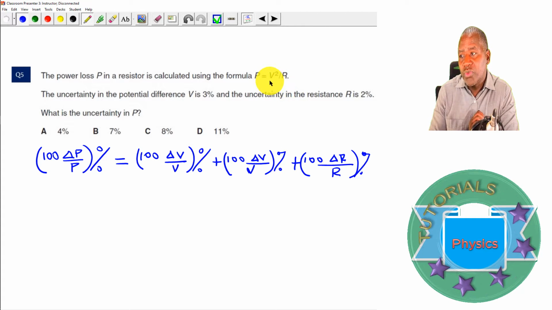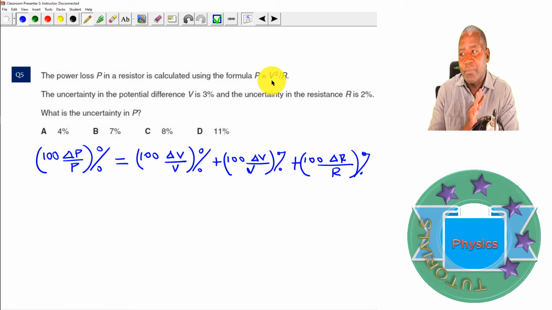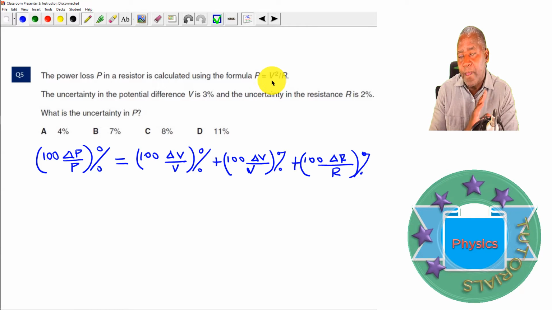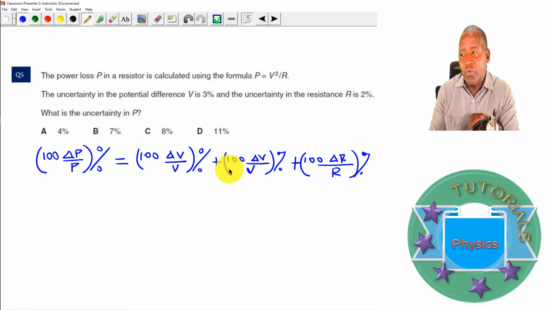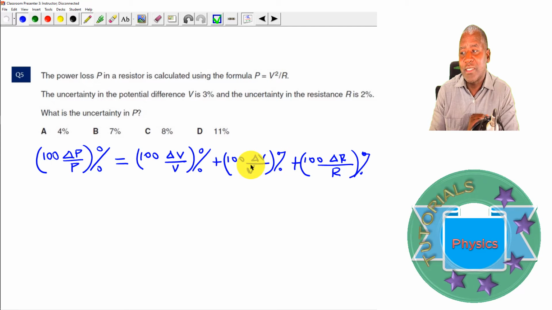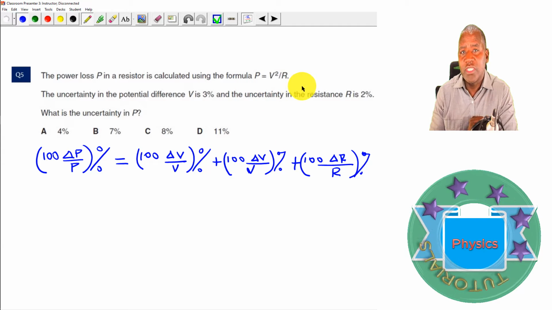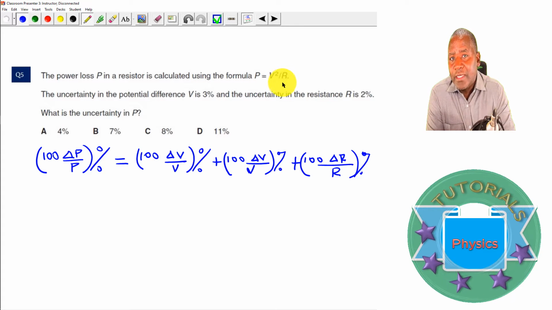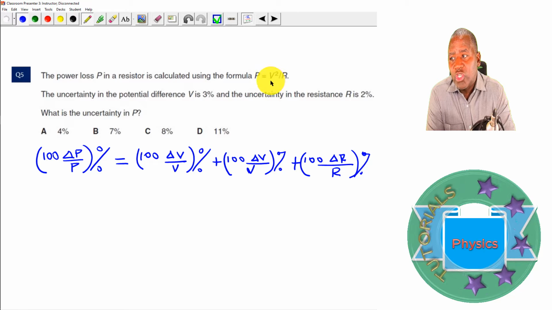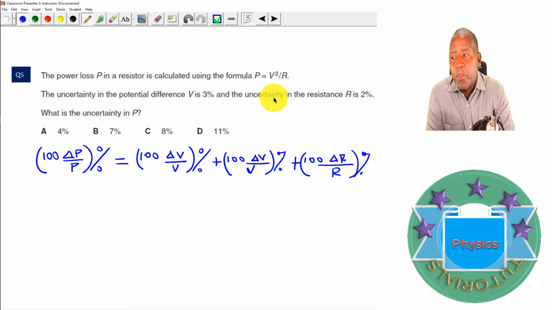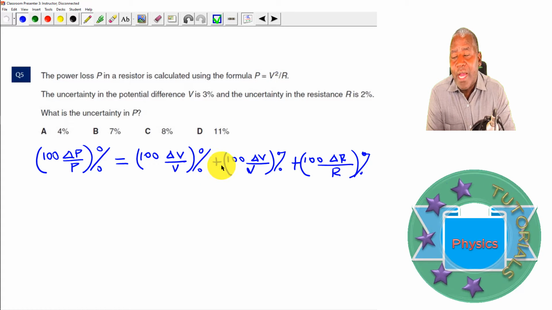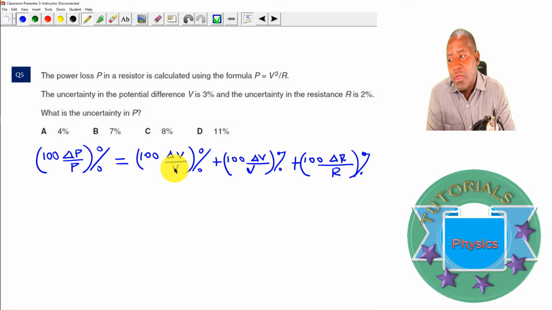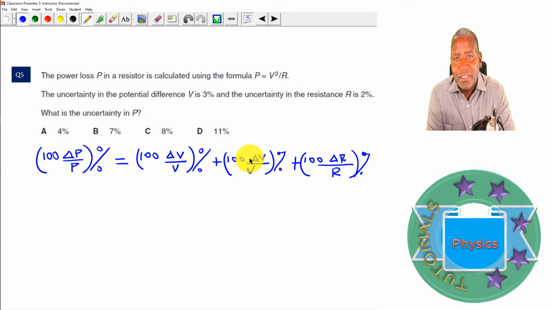When we want to get the absolute uncertainty in our answer, then we add the absolute uncertainties of the various physical quantities that we are using. Here we are multiplying and dividing. Again, it does not matter whether it's multiplication or division, we add either their fractional uncertainties or their percentage uncertainties.